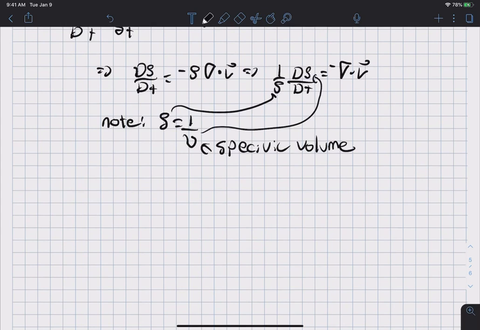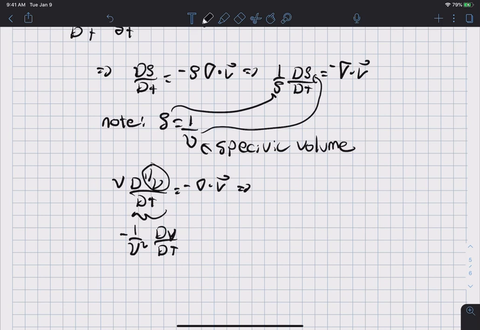And so, substituting that in, we have v times d of 1 over v dt equals minus the divergence of the velocity vector. And we can basically use the chain rule on this, and I assure you that works in a very similar way to any other chain rule, but I'm not going to prove it. This equals minus 1 over v squared dv dt.